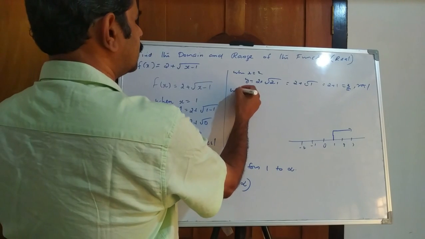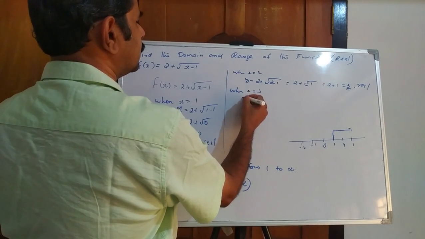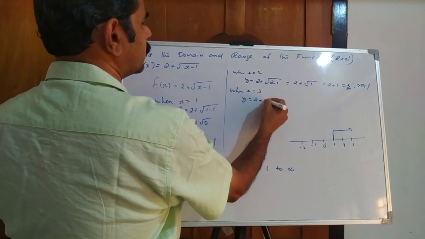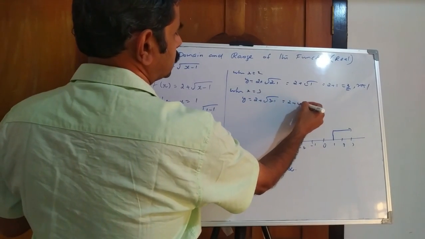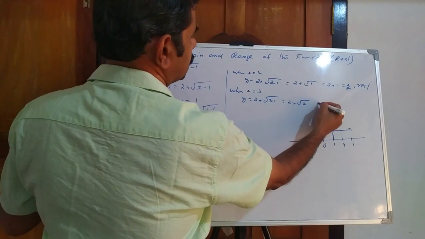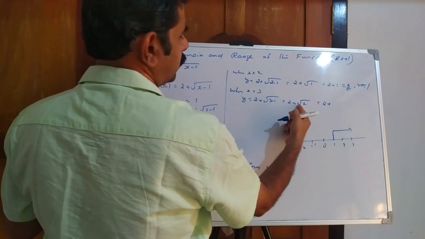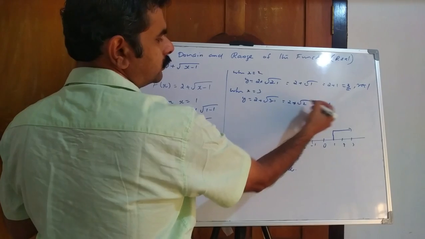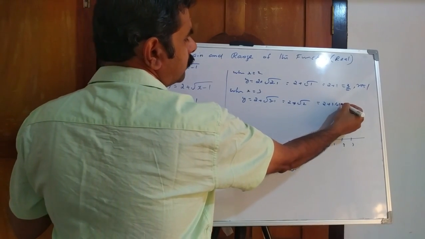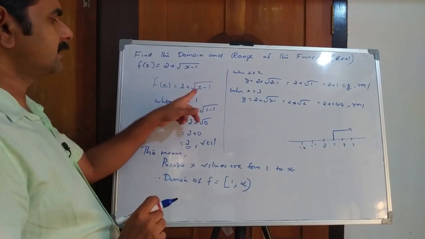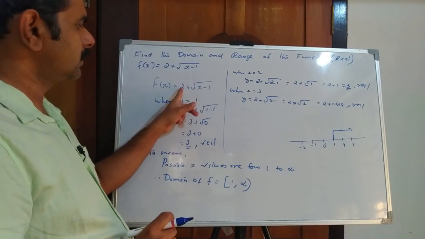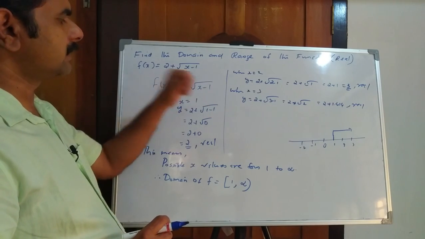Then what about when x is equal to 3, y is equal to 2 plus root of 3 minus 1, that is 2 plus root of 2, 1.414, which is also real. When x is equal to 4, we got 2 plus root of 4 minus 1, that is 3.